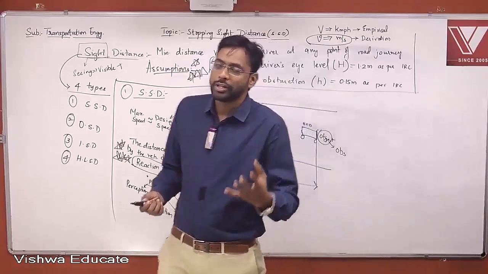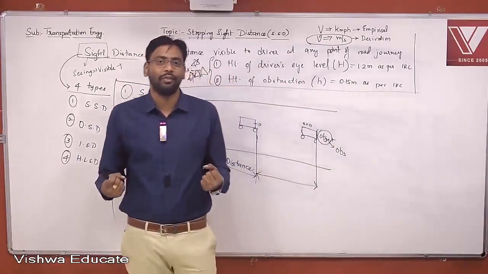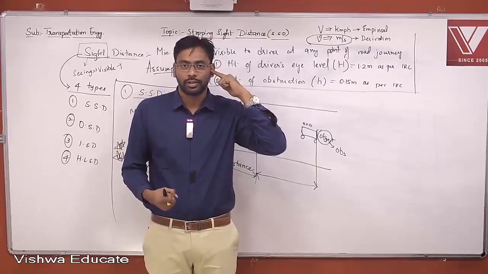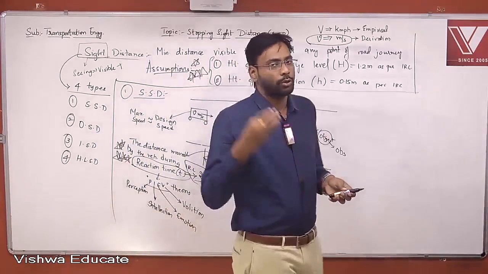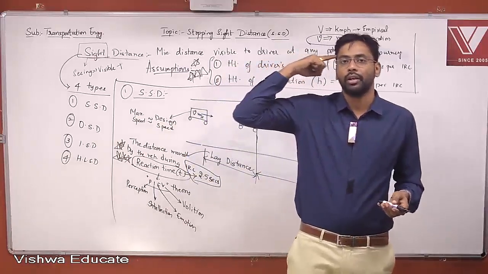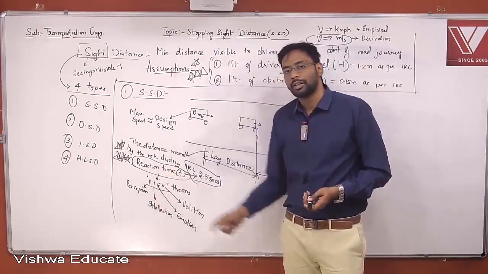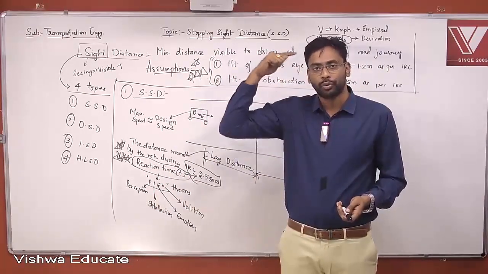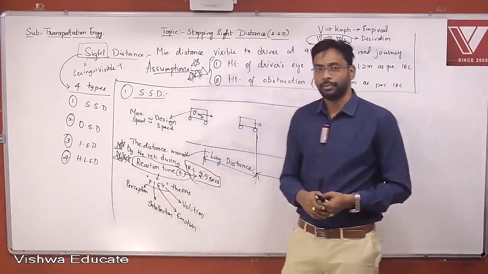So the dangerous situations on the road can be perceived either by looking or by your ears. So whatever you see or whatever you hear goes to your brain. So the time taken by eyes or ears to travel to your brain is called as perception time. Okay.